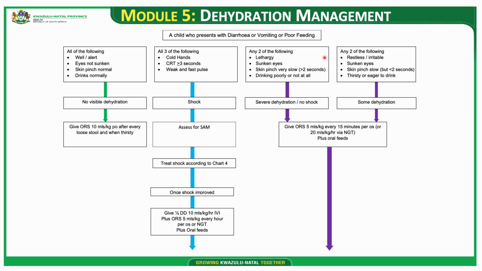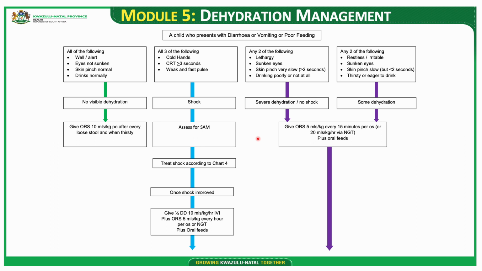If we move on now to our initial management of the children, for those who have no visible dehydration, we would give oral rehydration solution 10 ml per kilogram after every loose stool or when they are thirsty. These children could probably be discharged home with a warning to the mother of what danger signs would be, unless they had other reasons for admission.